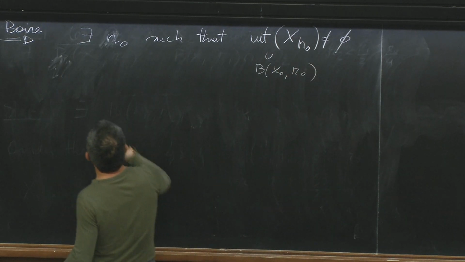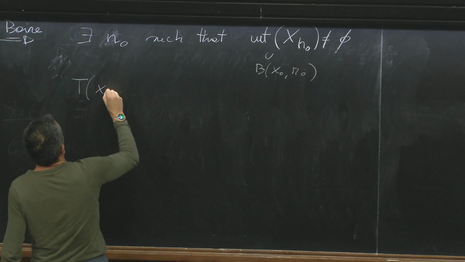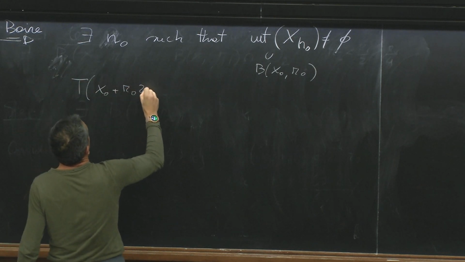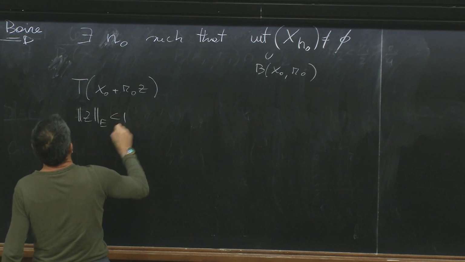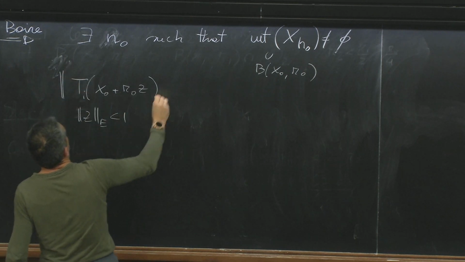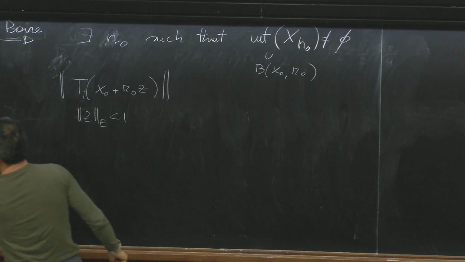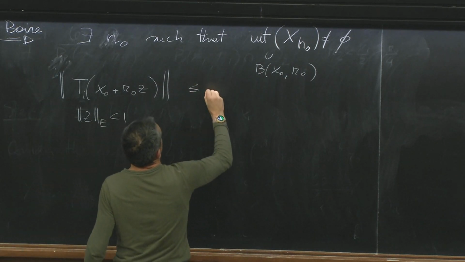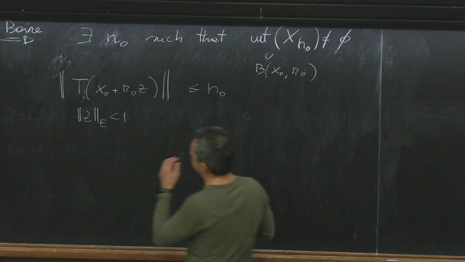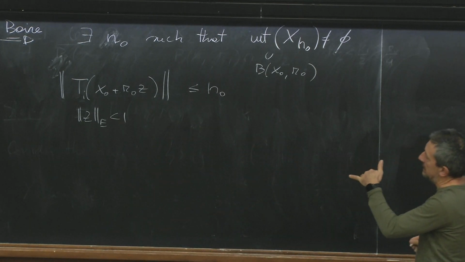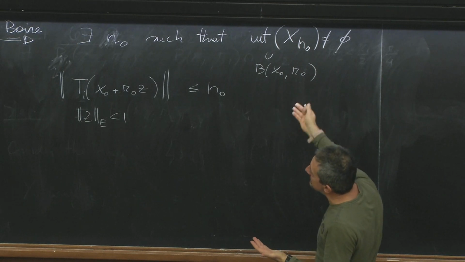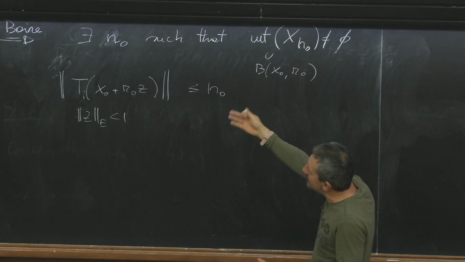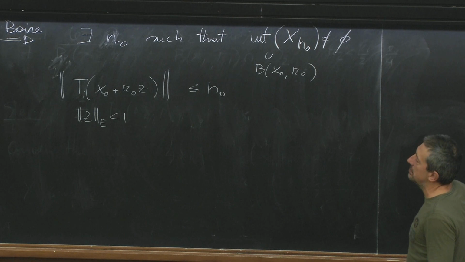And so the image of x_0 plus r_0 z with norm of z less than 1 is less than N_0. Because exactly it tells me that in this ball the supremum is less than N_0, so for all T_i, this holds.